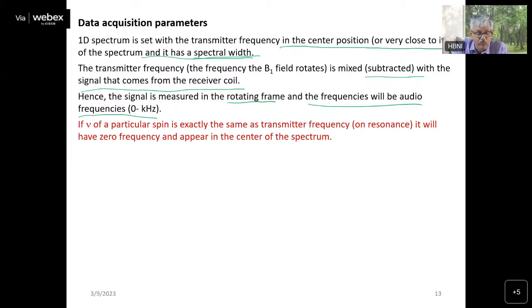Now suppose you have a nucleus which has a spin exactly at the transmitter frequency. We call that on resonance. It will have 0 frequency, because delta nu will be 0, and it will appear at the center of the spectrum.